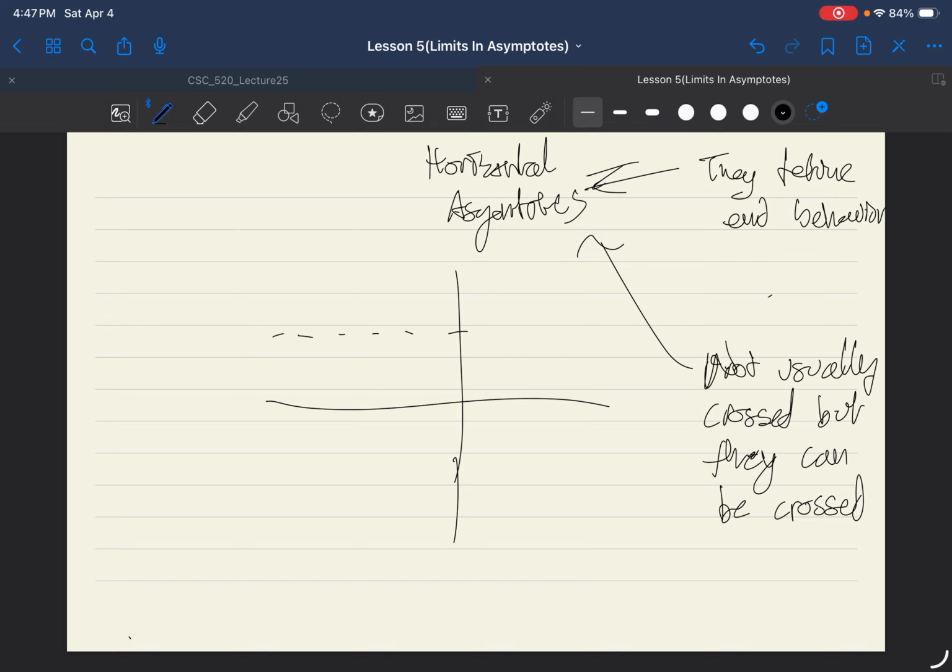We'll draw this graph. This is going to be y equals 2. And we'll draw this function. They can be crossed in specific scenarios.